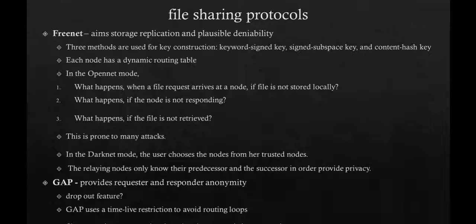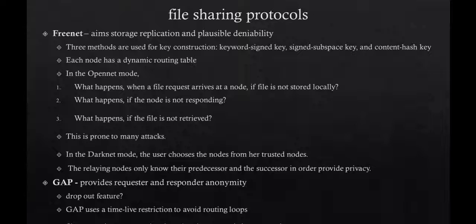The next mode is DarkNet mode, in which the user chooses the nodes from her trusted nodes. The relaying nodes only know their predecessor and successor in order to maintain privacy. GAP: it aims at providing requester and responder anonymity for a file search or file sharing.